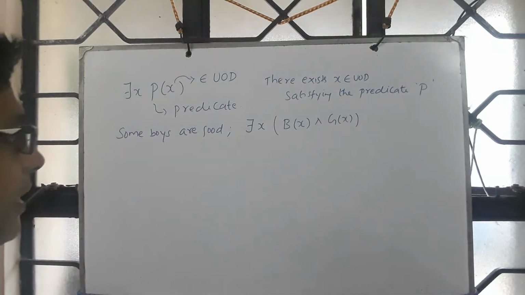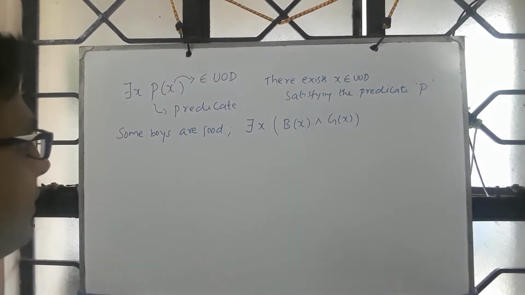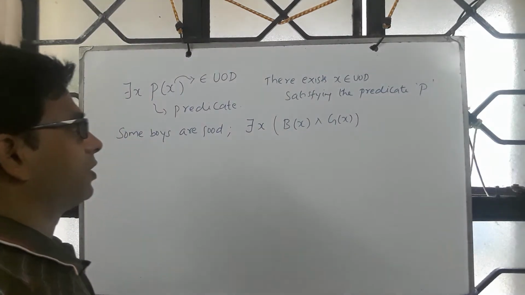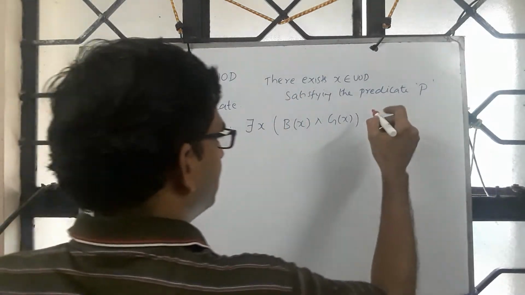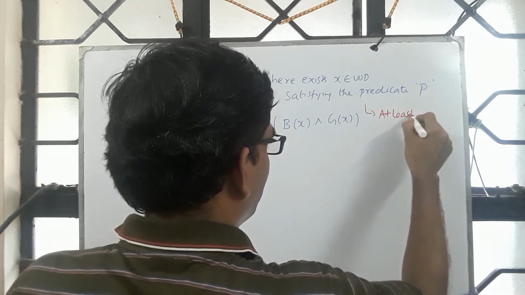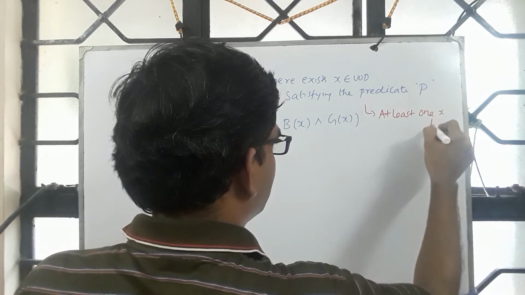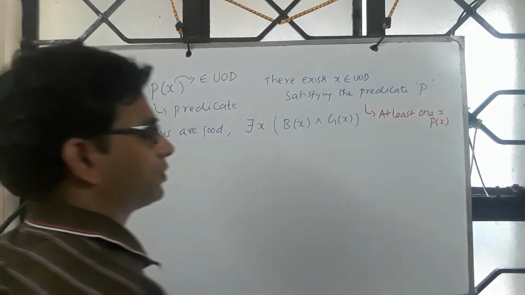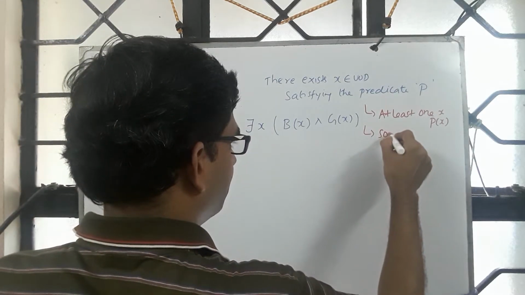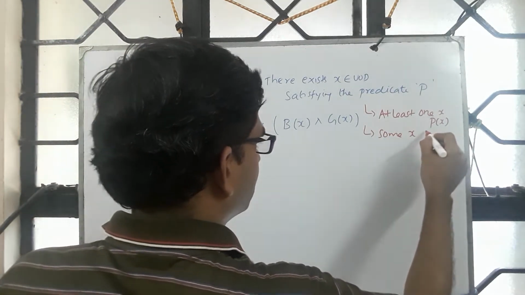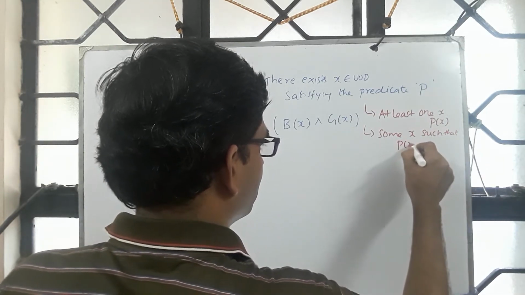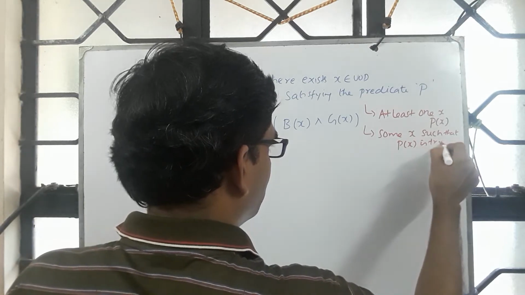We also saw that there exists x, p of x means not only this, it also means at least one x such that p of x is true, and also some x such that p of x is true.